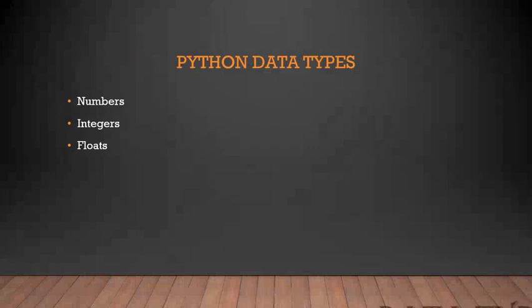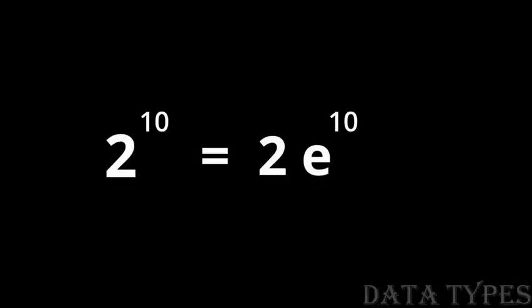If you work with large scientific numbers, you can use e for exponential, which stands for 10 to the power of something. For example, you can define 2 to the power of 10 as 2e10, which is again a valid number.